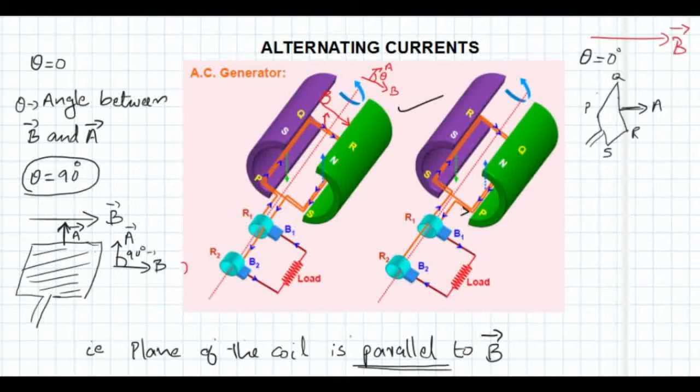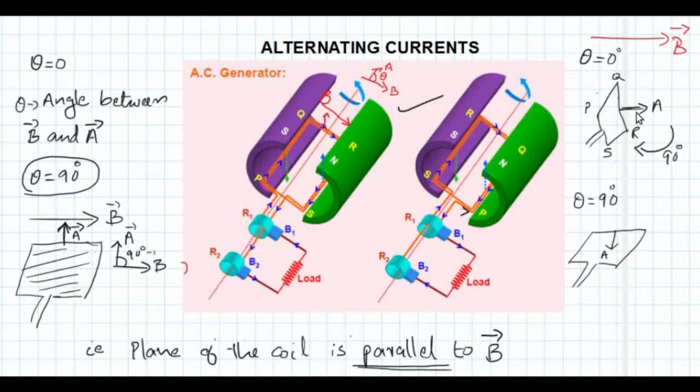So in the first case, theta equal to 0 means the area vector is parallel to B. Then theta equal to 90 means again you rotate the coil through 90 degree. So that is the case of theta equal to 90 degree.